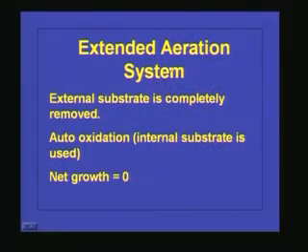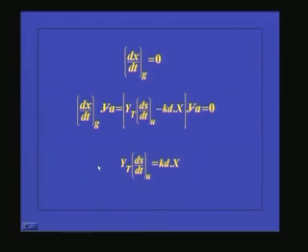So in the extended aeration system, endogenous respiration takes place: the external substrate is completely removed and auto-oxidation, or the internal substrate, is being used. So the net growth in the system will be equal to 0, and there will not be any excess biomass production in the system.